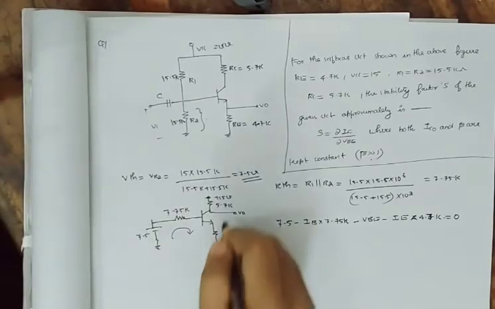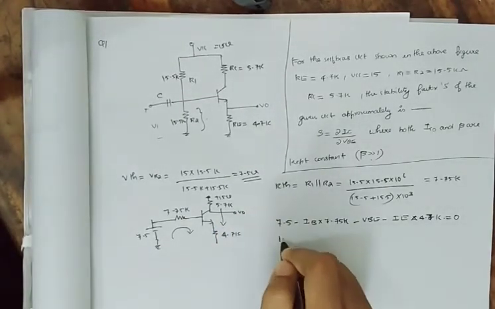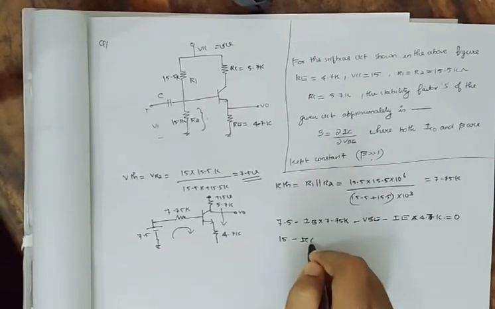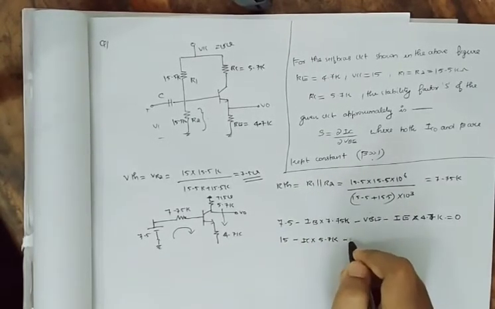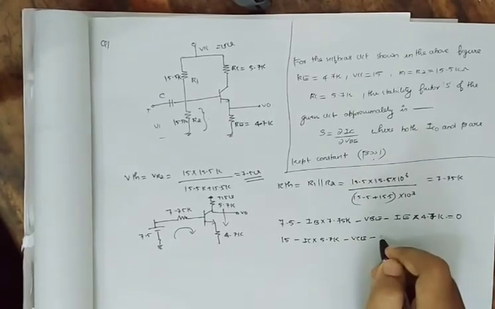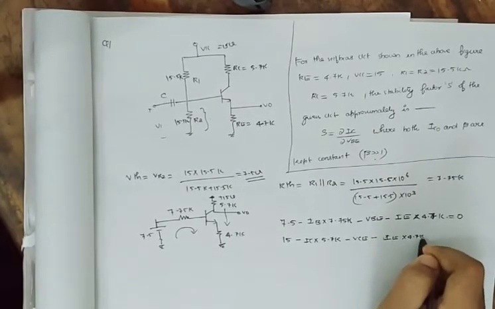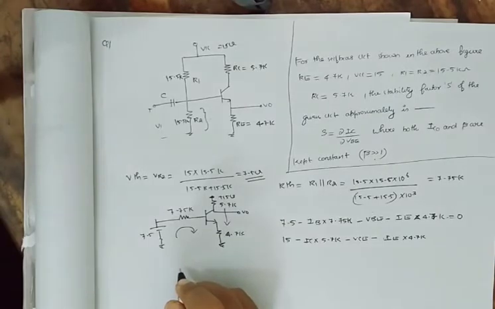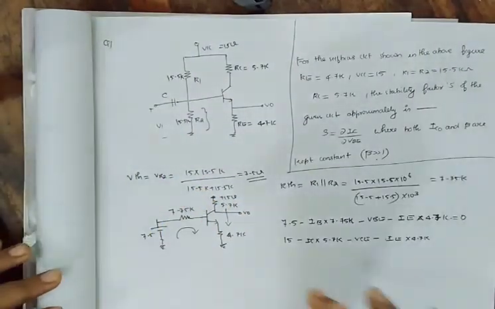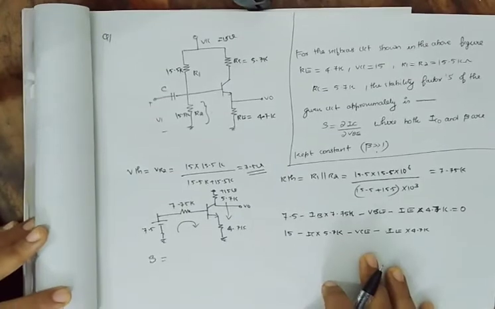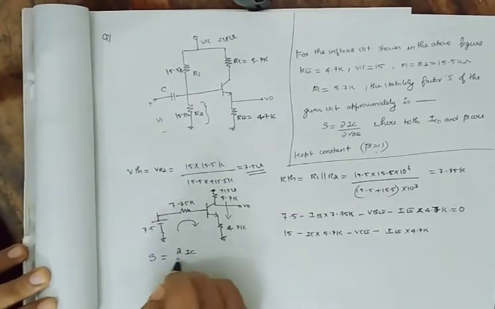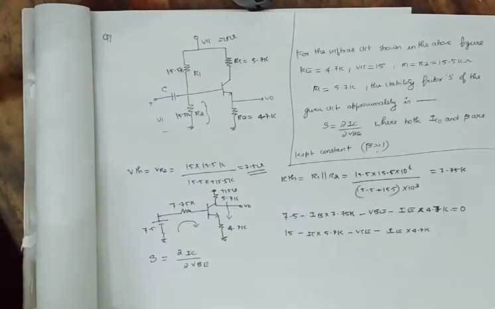And the equation over here is 15 minus IC into 5.7 K minus VCE minus IE into 4.7 K. So our stability factor S is equal to delta IC divided by delta VBE.